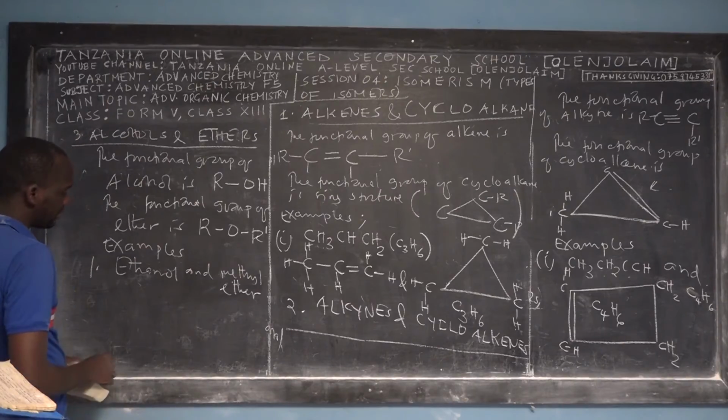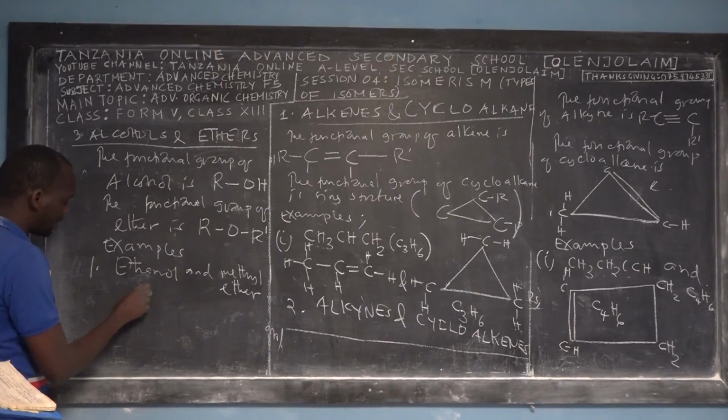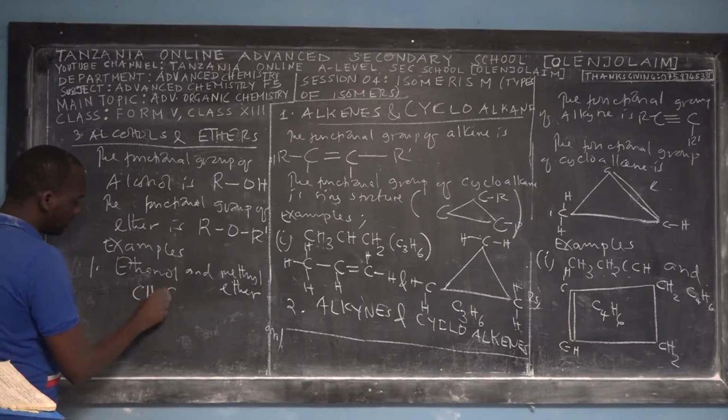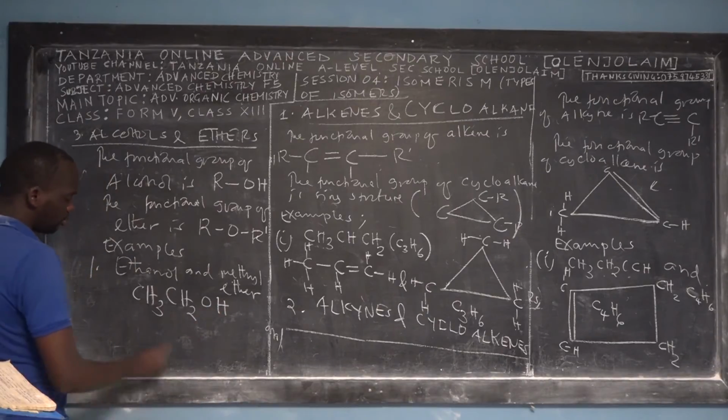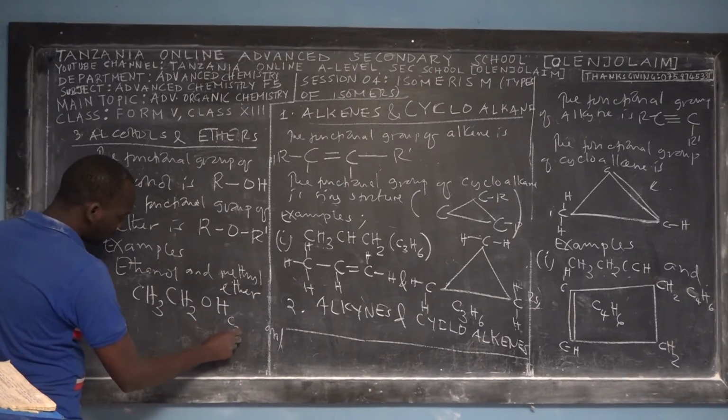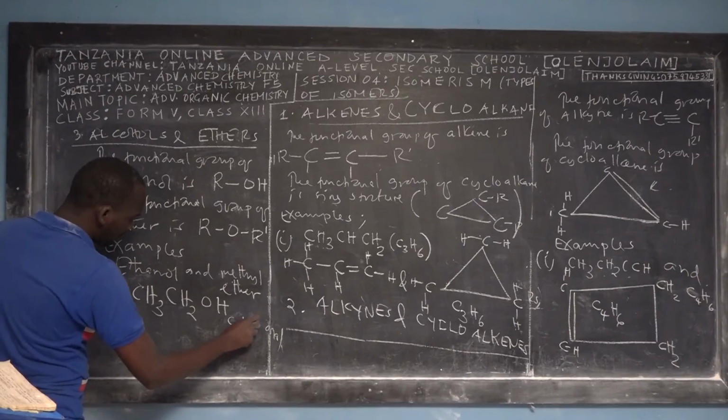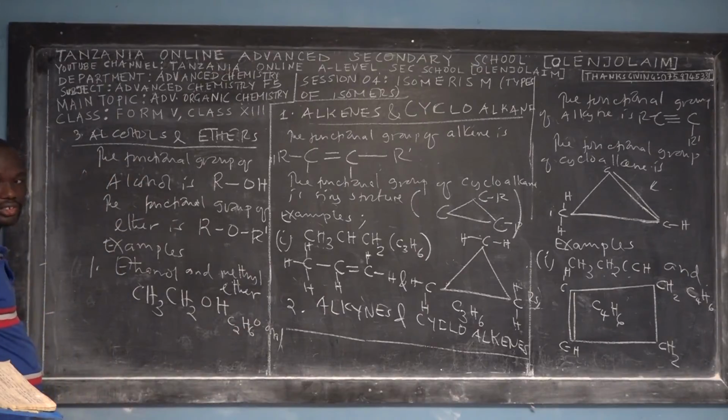Ethanol and methyl ether. So ethanol, for example, the molecular formula is CH3CH2OH. What is the molecular formula? We have 2 carbons, 6 hydrogens, and a single oxygen, right?